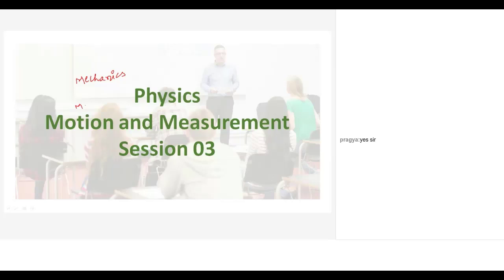So all the machines generally will be in motion, isn't it? Yes, sir. Right. So that's why whenever you are learning about motion, you are generally talking about machines which are in motion. And from this word, one branch of physics is named, and that branch is called mechanics.